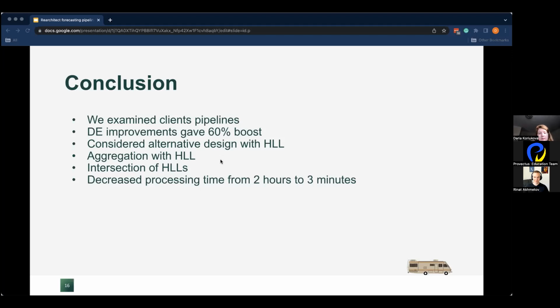But then we decided to consider an alternative design that utilizes HyperLogLog. We implemented aggregation with the help of HLL and intersection of these HLLs. In summary, that decreased the processing time from 2 hours to just a few minutes, 3 to be most precise.